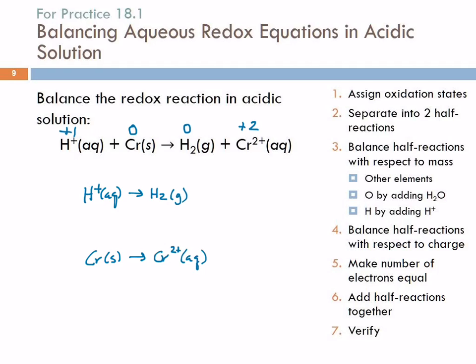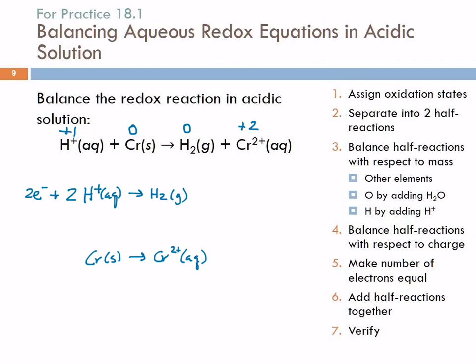So we can just put a 2 in front of that, and that's now balanced with respect to mass. This one, chromium to chromium ion, is already balanced with respect to mass. Next is charge. So here we've got a +2 charge on the left and a 0 on the right. So we need to add 2 electrons.